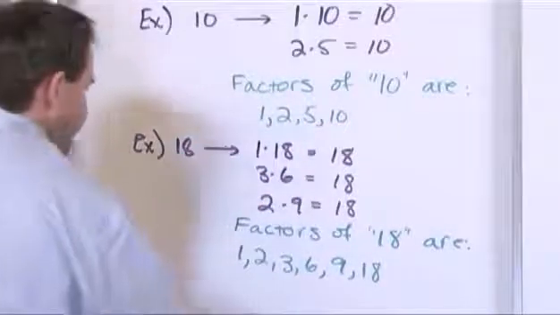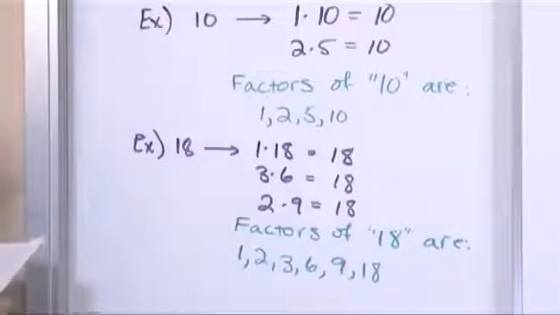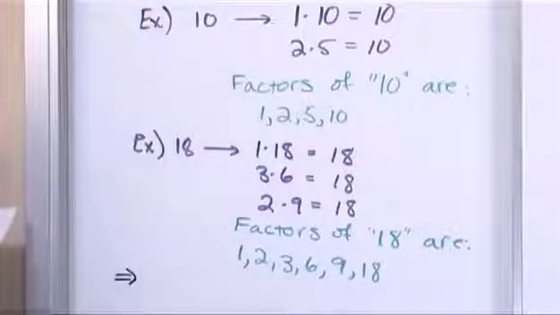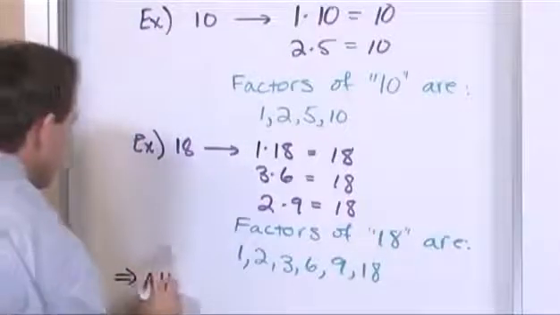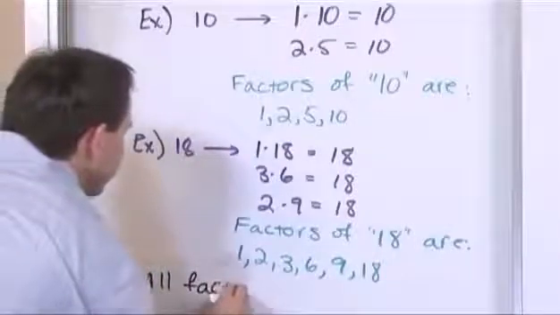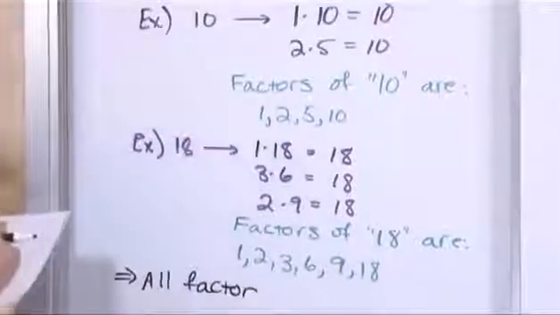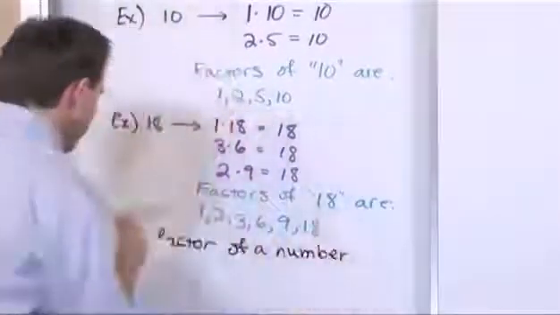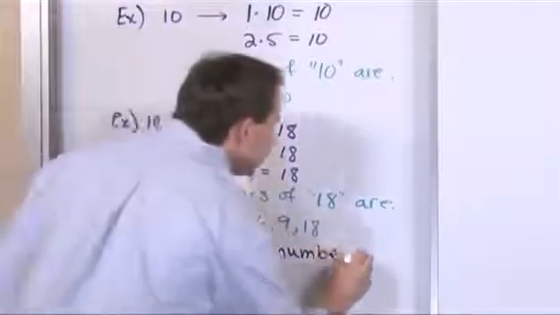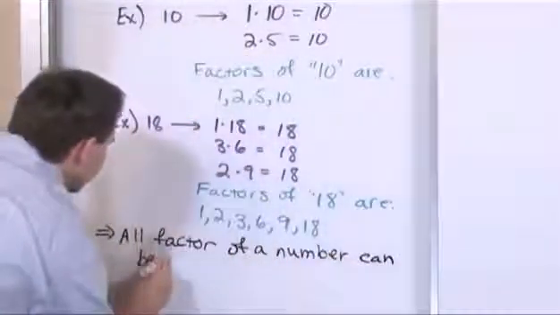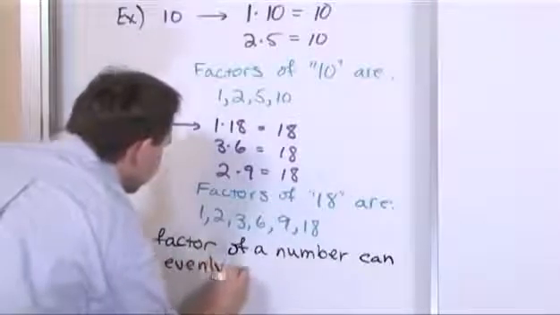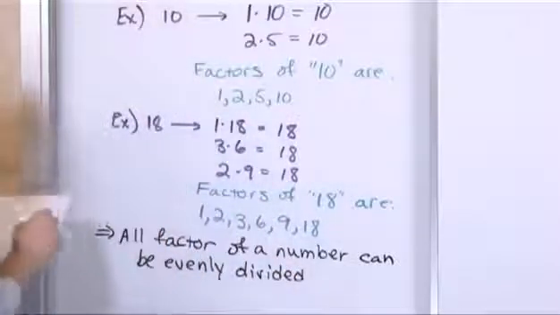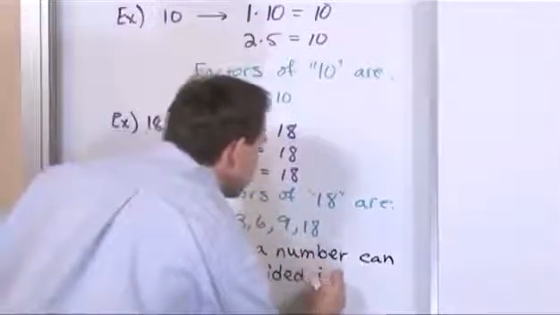So let me write that down, just so you'll have it fresh. Another way to say this, to summarize the definition we have above, is that all factors of a number, and factors are the list of numbers that we get in the end, can be evenly divided into that number.